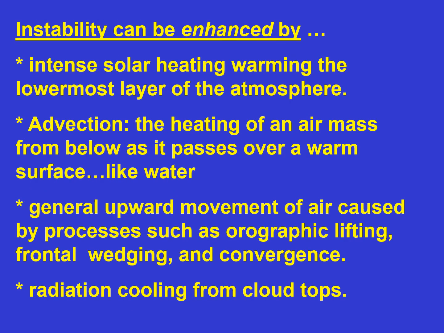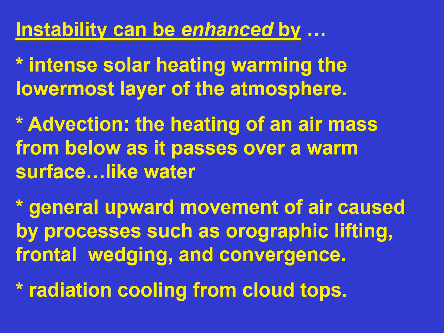Okay, so this slide, I'm going to want you to know this material for your first exam. You're not going to have to know the specifics about conditional instability, absolute stability, absolute instability. I'm just going to want you to be able to recognize what kind of things can enhance instability, what kind of things can enhance stability.